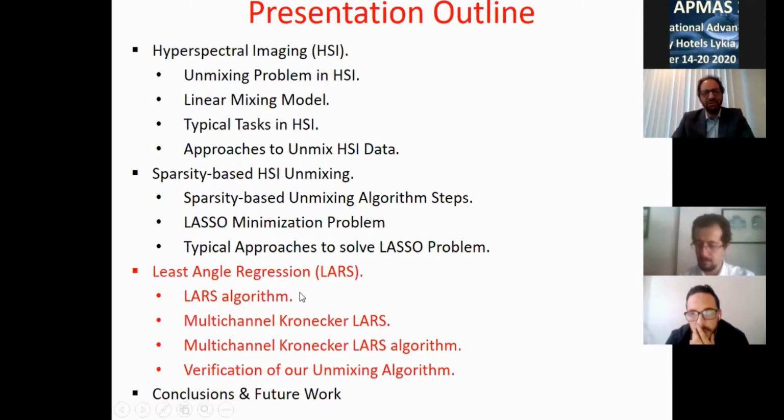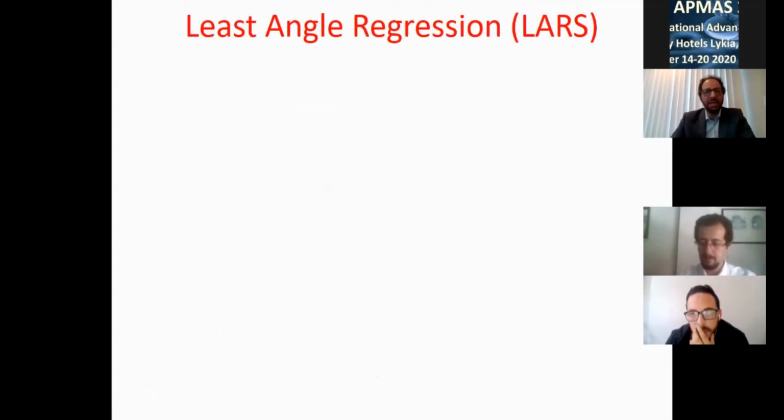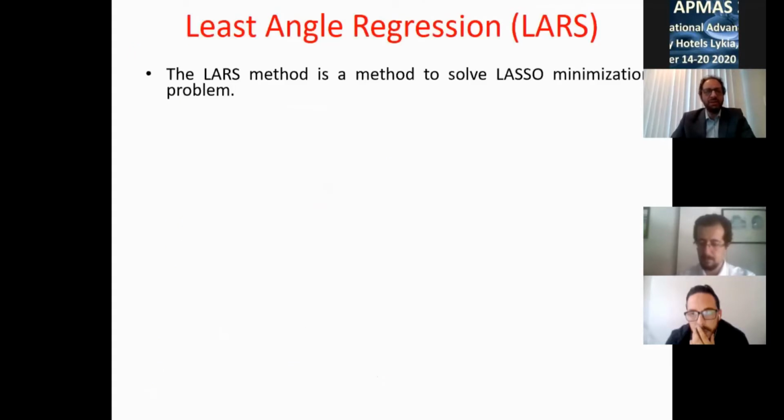Essentially what we've done is we've taken this least angle regression and we've generalized it to be able to handle multi-channel data, which is really that least squares matrix problem. And I will show you here how that works very quickly, and I will focus on the results essentially.